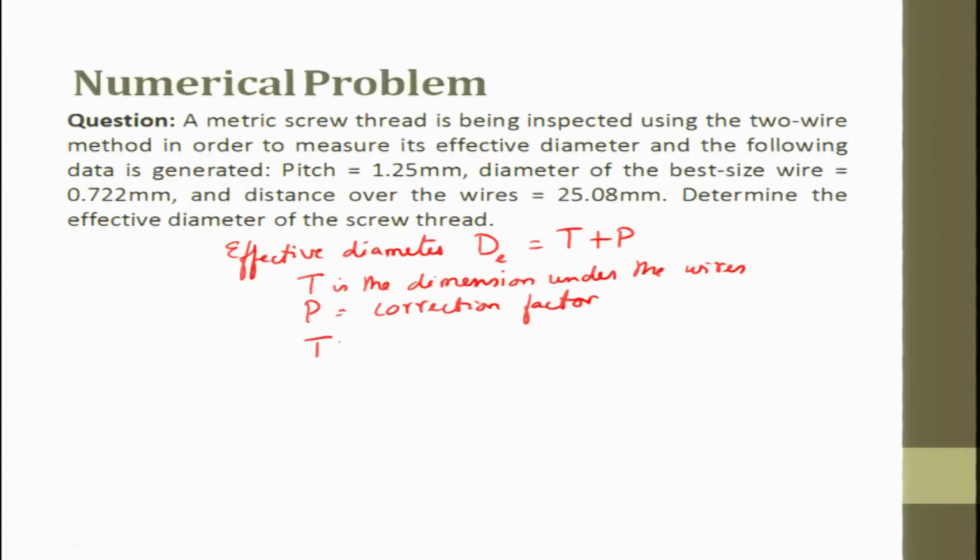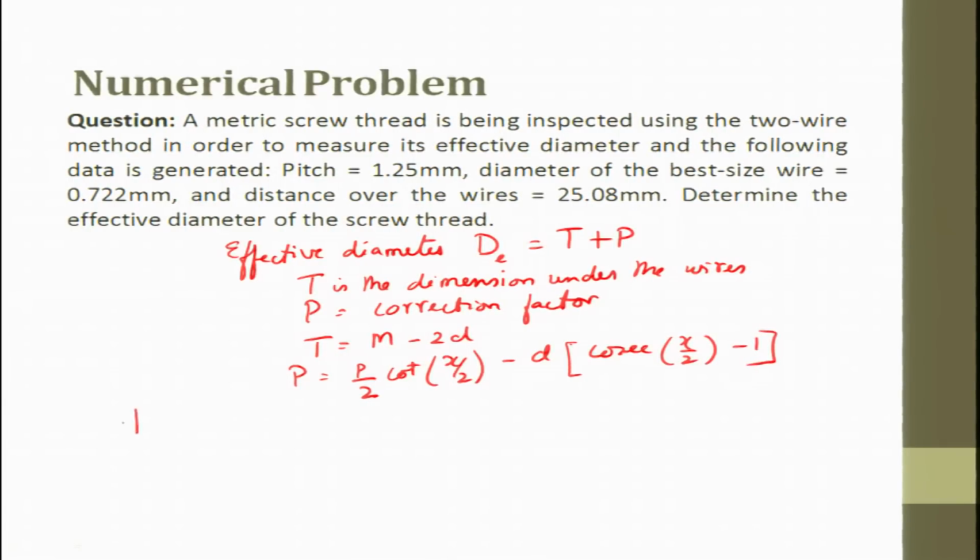T equals M minus 2D, and P equals p by 2 into cot x by 2 minus D cosecant x by 2 minus 1.